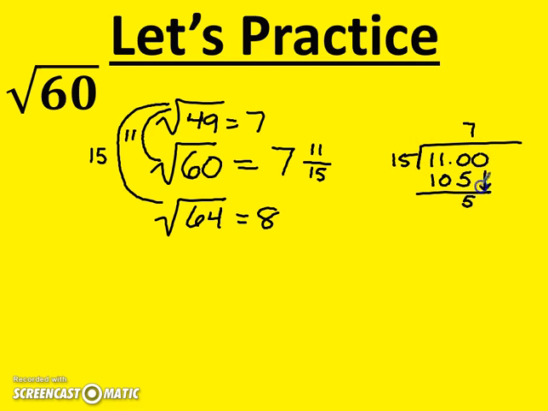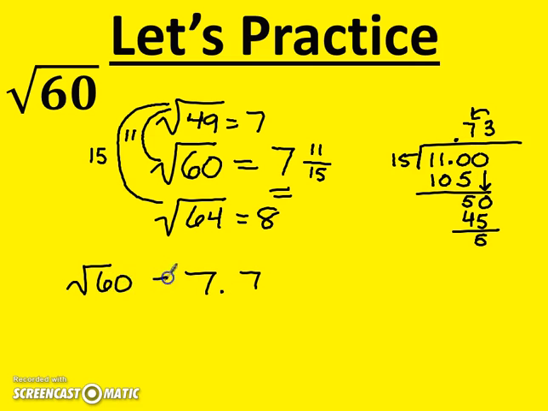Bring down our 0. 15 goes into 50 3 times, which is 45. So we have 5 left over. Bring our decimal straight up, and the 3 keeps the 7 the same. So it gets the whole number 7 and the decimal 7. So the square root of 60 is equal to 7.7.